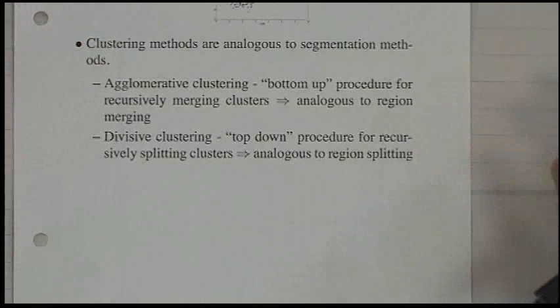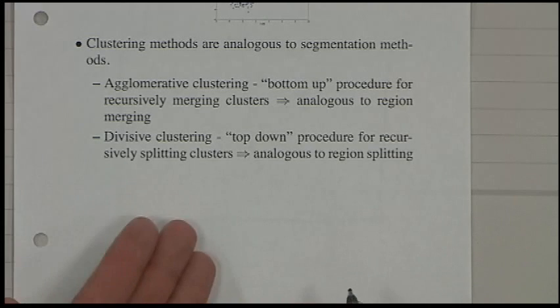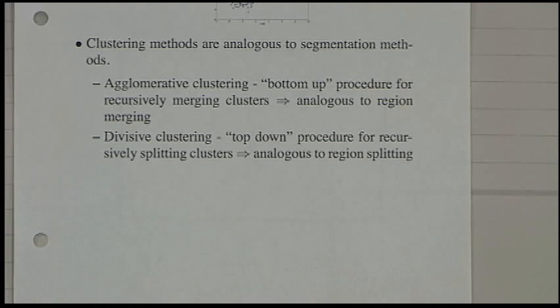Both have advantages and disadvantages, and most practical solutions combine the two approaches. They're really two extreme solutions. Practically, very often you'll use just one of these two because it's simpler. But usually an optimal approach combines the two. You can usually do better by combining them: do a little bit of top down, a little bit of bottom up, and maybe go back and forth a little bit.